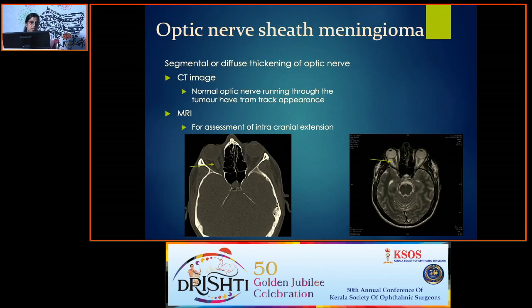And in optic nerve sheath meningioma, CT scan gives the tram track appearance because of the calcification in the meninges, and the normal optic nerve passes within that calcification. MRI is indicated to look for the intracranial extension of the lesion.